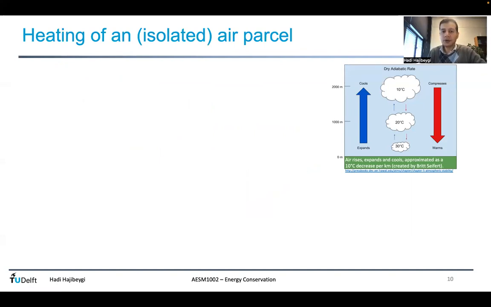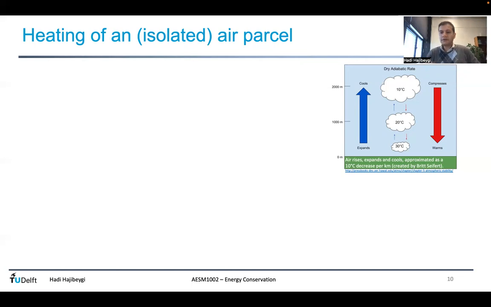Now imagine we have an isolated air parcel. There is an air parcel here that is isolated, a bucket of air. That bucket of air can elevate itself, it can rise, it can come down. And imagine we would like to write conservation of energy for it.